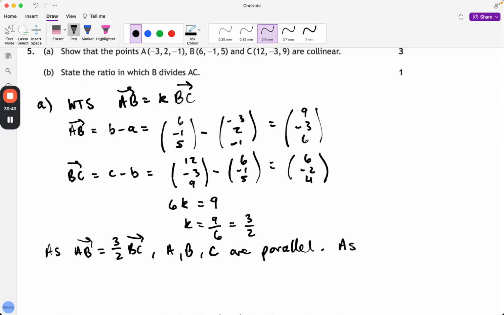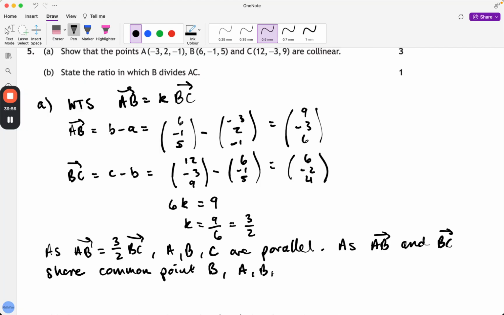And then you can say, as AB and BC share common point B, just because that's the point they've got in common, A, B, and C are in fact collinear.